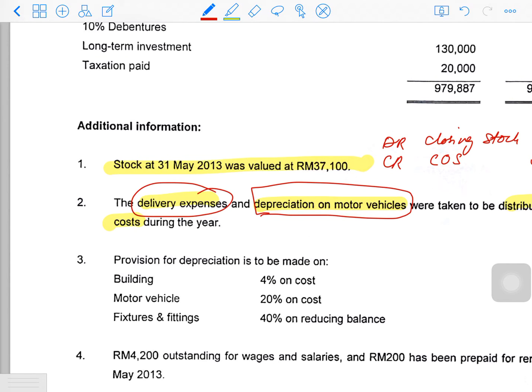Remember you have to categorize it under distribution expense, selling and distribution expense. So for motor vehicle here you have to provide 20%.